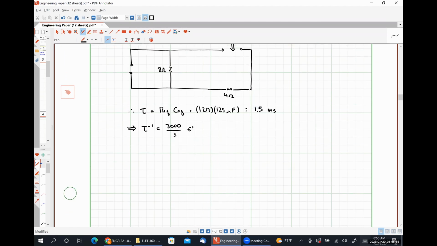So our last step here will be to plug stuff in to our generic equation.